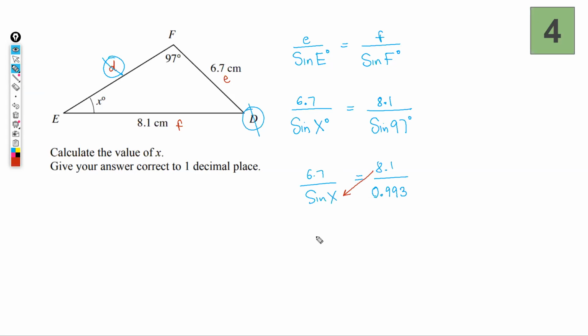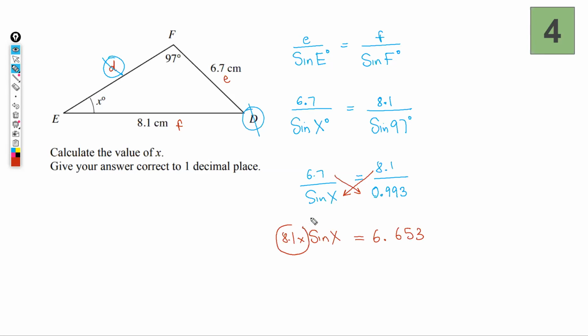Right? So you'll get sine x, well, 8.1 multiplied by sine x. And how much is 6.7? 6.7 multiplied by 0.993 is 6.653, roughly that.